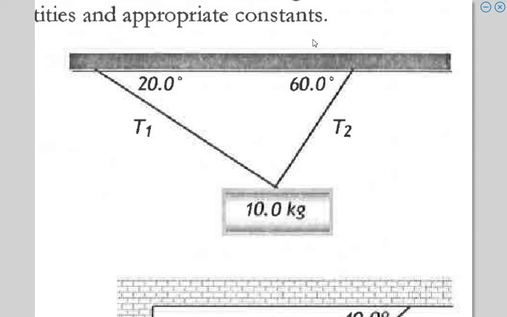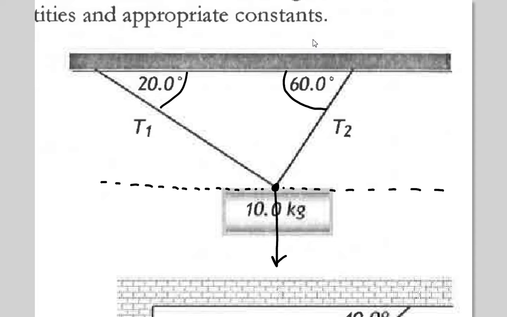Do we have time? So what we're going to do, because these angles are not made with the x-axis, well, they kind of are. But I would still analyze this point here and draw the free body diagram from this point.